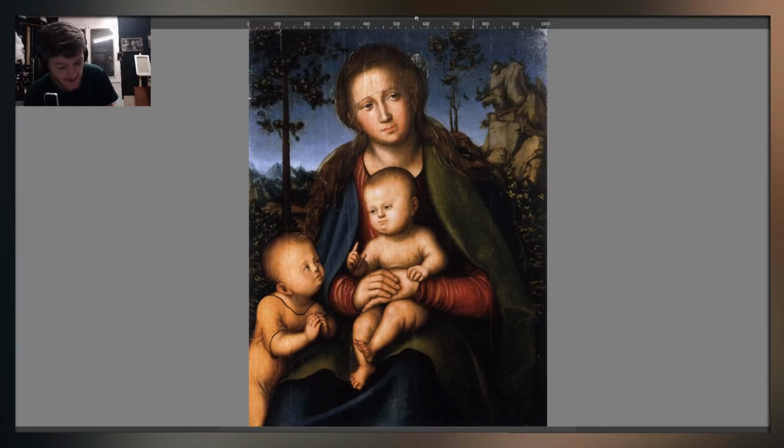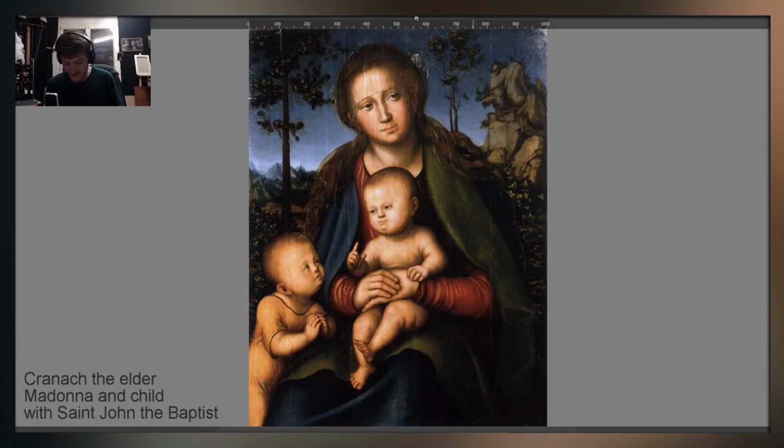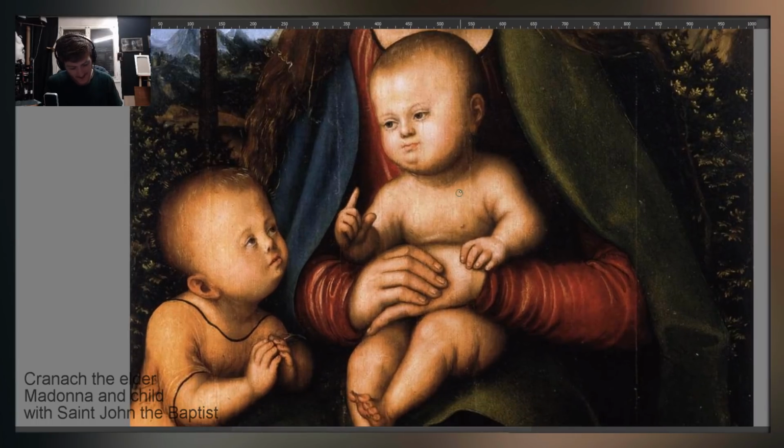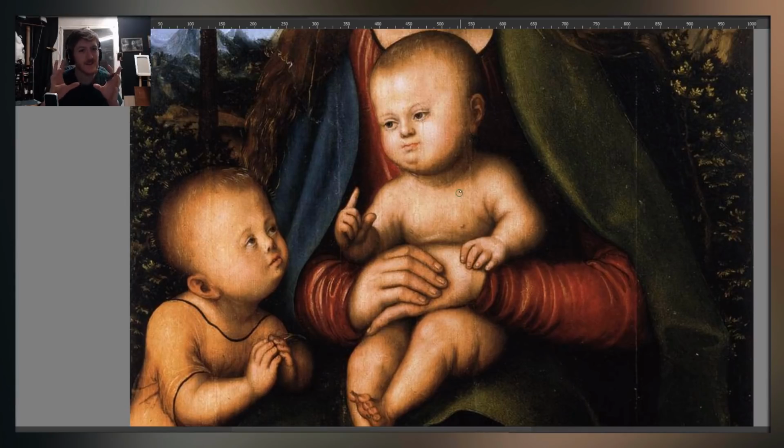Still, there were some missteps. If you look at this painting by Cranach, you can see that the features of babies are now represented, but it's weird because the slightest thing that's not in place can create a very weird effect.